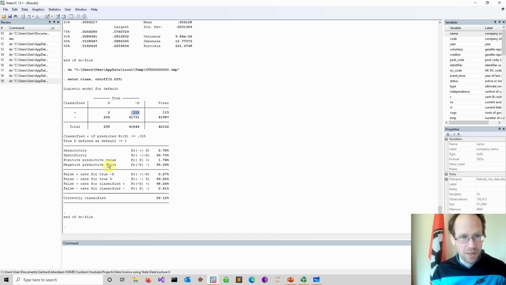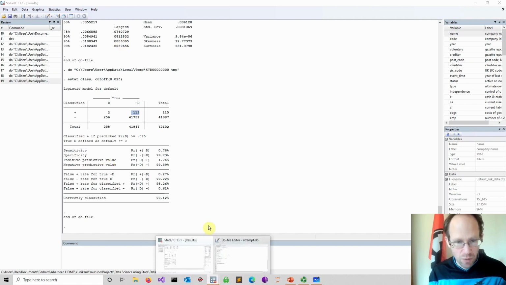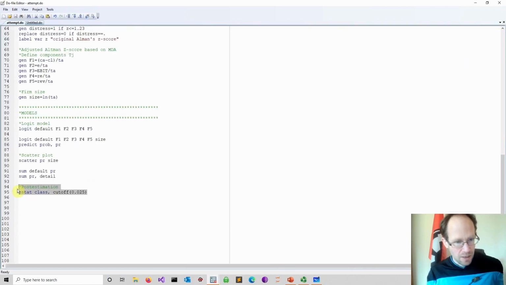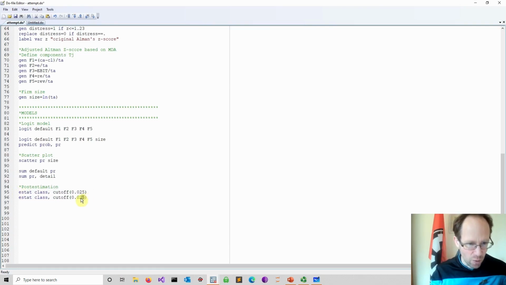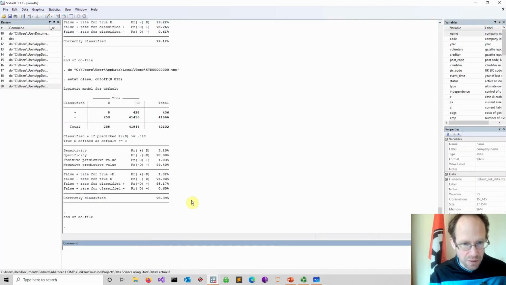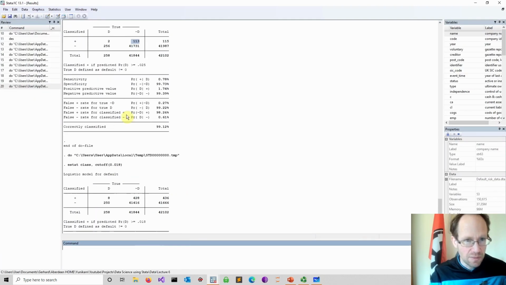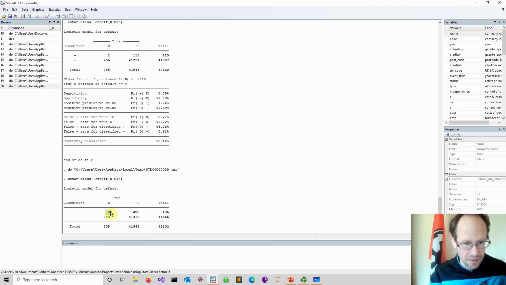This depends, of course, on our cutoff points. If we modify the cutoff point, we might gain something in one dimension, but not in the other. If I reduce this a little bit, make it more sensitive, you might, and you see that here, get more cases right.